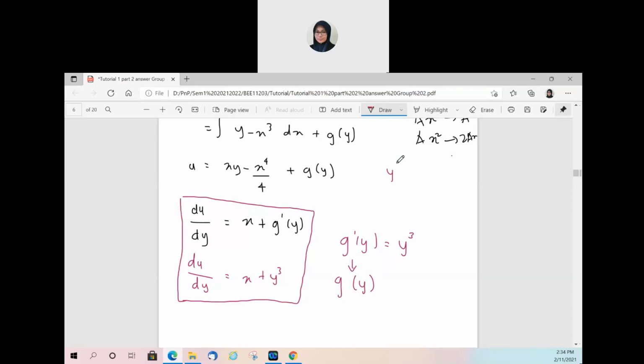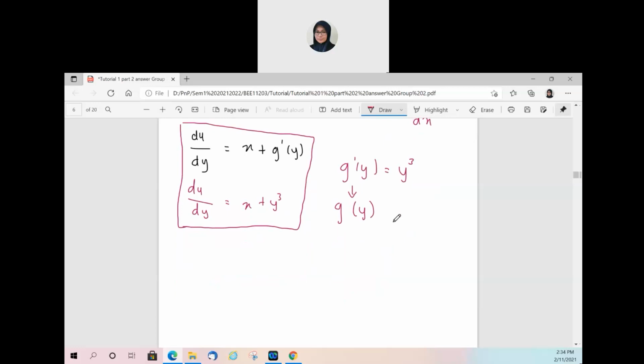We know that Y prime is actually dy over dx, right? So to get Y, you have to integrate. So you integrate this one. Then G equals to, you integrate G prime Y dy.